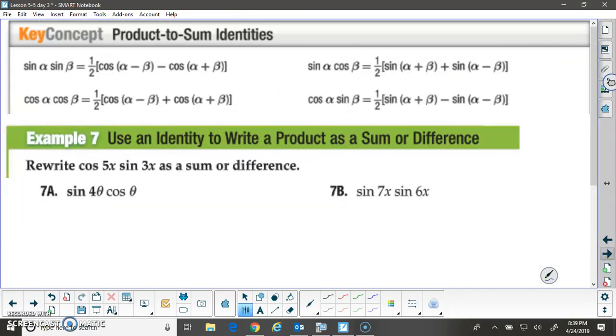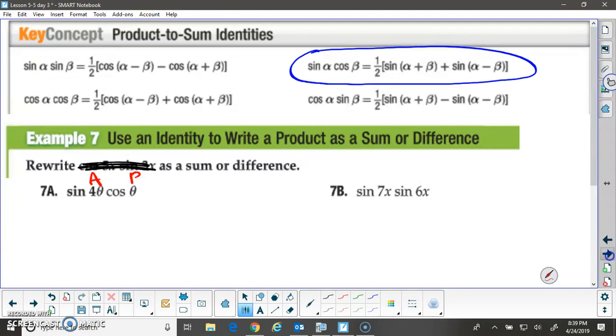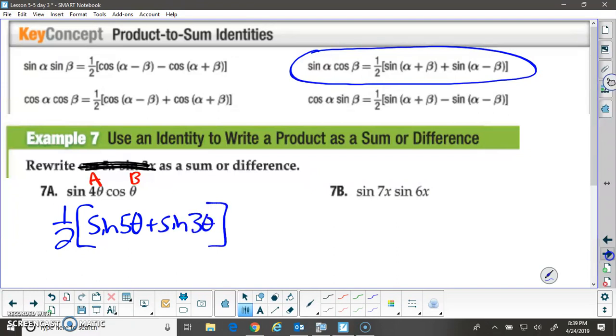Here is another one. Let me first just eliminate this. So we've got the sine of 4 theta times the cosine of 1 theta. And to do this problem, I'm going to use this identity. And we're going to let 4 theta represent angle A and 1 theta represent angle B. So we're going to change this expression into 1/2 times the sine of A plus B, which in this case would be 5 theta, and then plus the sine of A minus B, which in this case would be 3 theta.